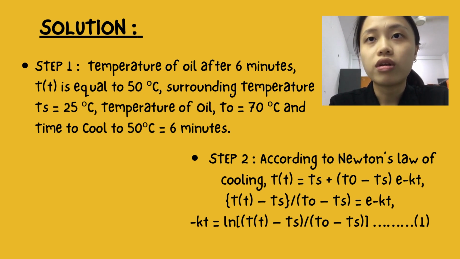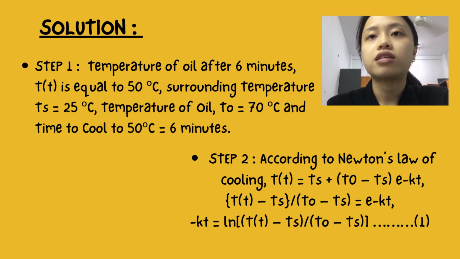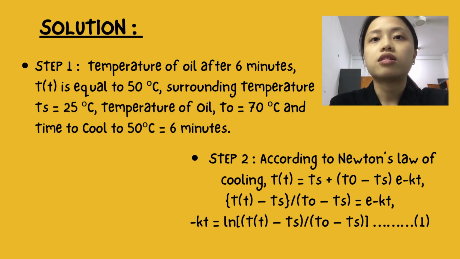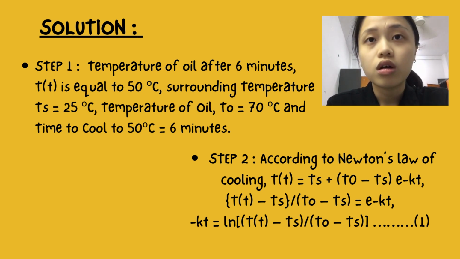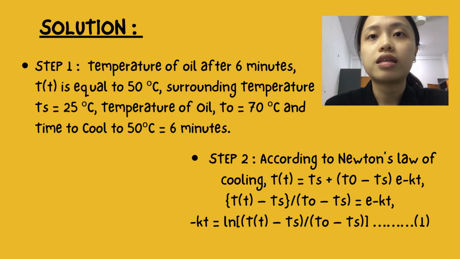After this we move the To minus Ts to the left hand side also, so we get (Tt minus Ts) over (To minus Ts) equals e to the power of negative kt. Therefore, we get negative kt equals ln of (Tt minus Ts) over (To minus Ts), as equation 1.